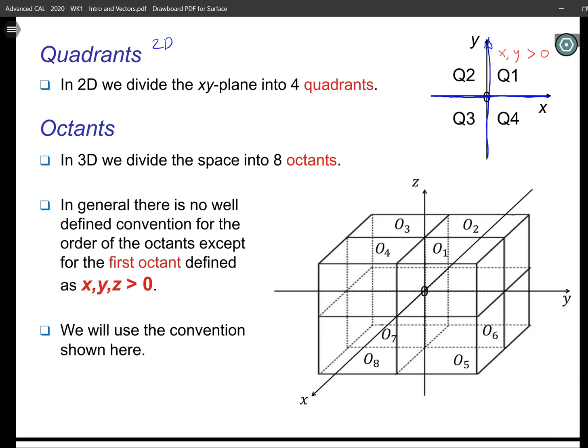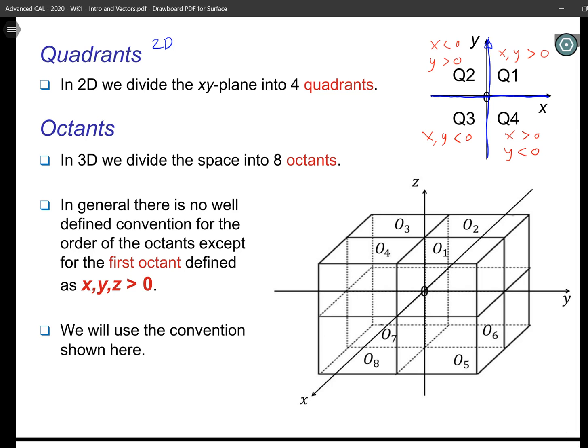Quadrant 2, moving in counterclockwise direction, x less than 0 and y greater than 0. Quadrant 3, both x and y less than 0, all negative. And quadrant 4, x positive, but y is negative. So that's for 2D: we have quadrants, we have 4 regions.